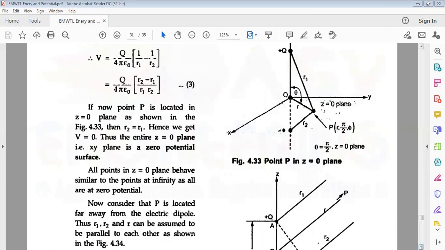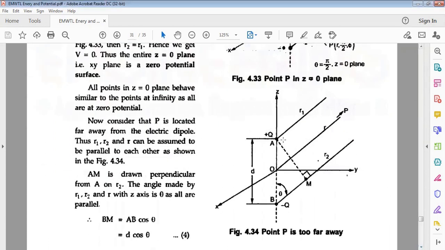Now in the third case, consider the point P located far away from the electric dipole. Thus R1, R2 and R can be assumed to be parallel, meaning the point P is assumed to be at infinity. R1 and R2 look like they are parallel to each other, as shown in figure 4.34.